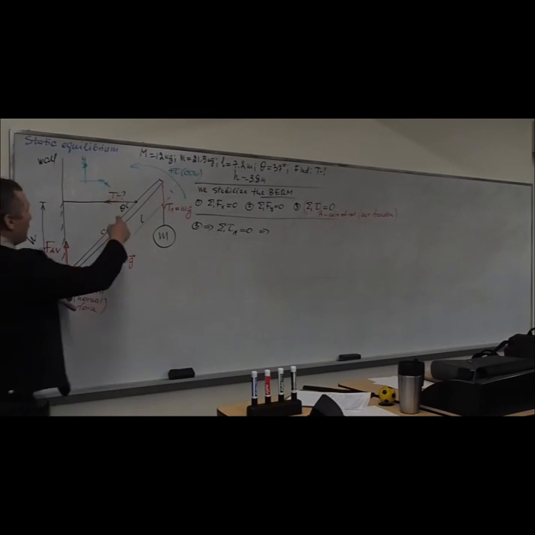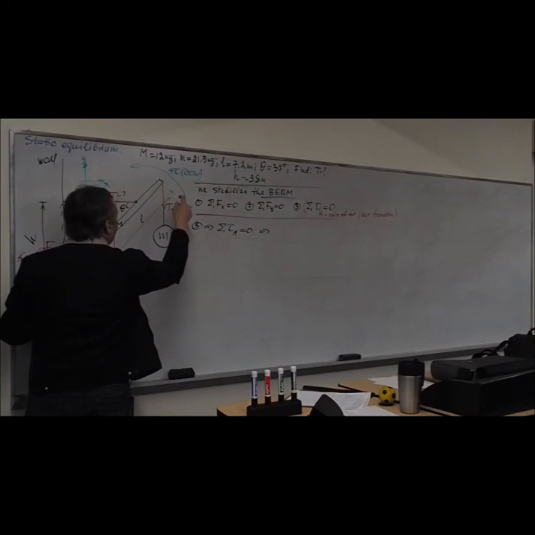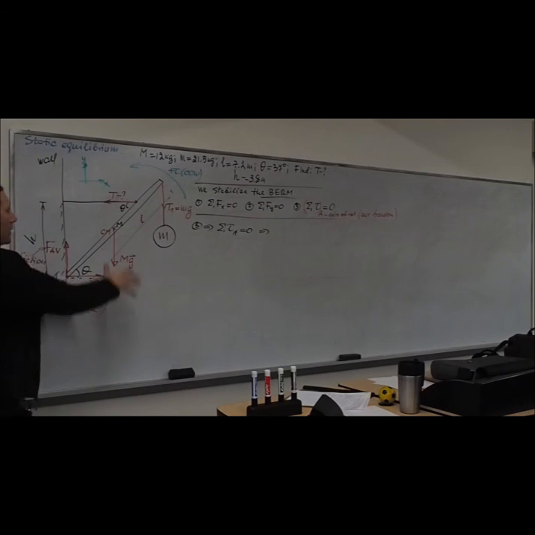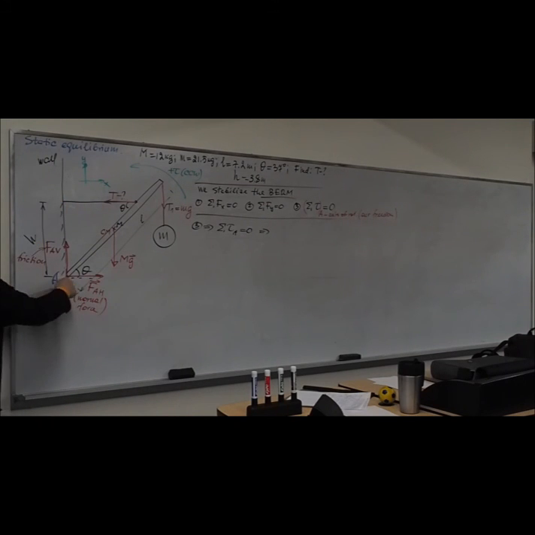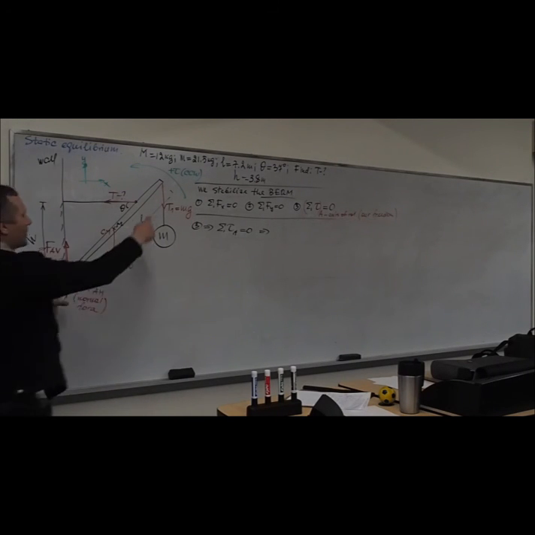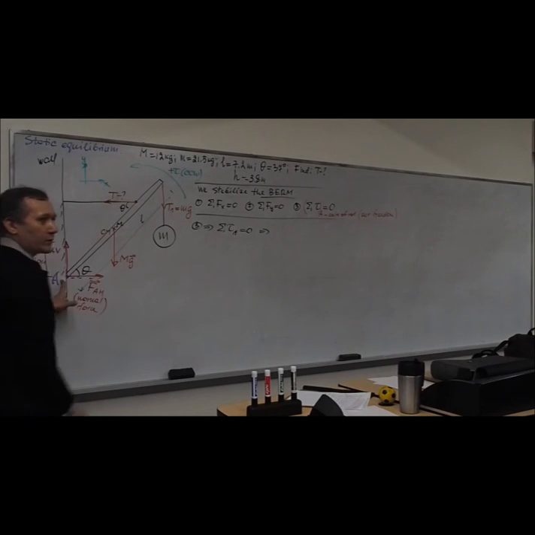So now, if I want to find out what's the direction of rotation created by this force T1, what you have to do is, here's the axis of rotation, so here's the axle. Forget about the rest of the system, forget about the rest of the forces except this beam and this force.